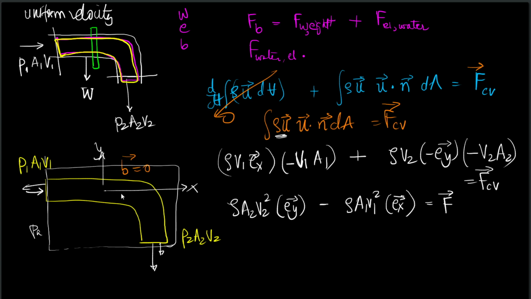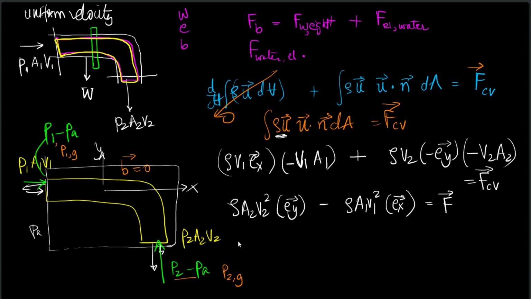Having said that, what is then the effective pressure at this point? If you superpose this, at this point the effective pressure will be P1 minus P atmosphere, and at this point it will be P2 minus P atmosphere. Notice that I have put the direction of the pressure as compressive. Pressure is by default always compressive. So essentially this is the gauge pressure, and this is also equal to the gauge pressure at point 2.